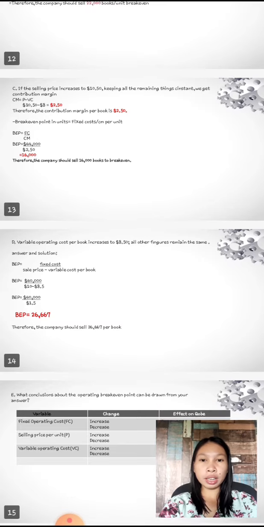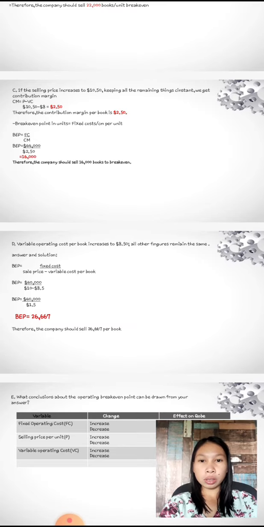The formula is CM = P - VC, so $10.50 - $8 equals $2.50. Therefore, the contribution margin per book is $2.50.